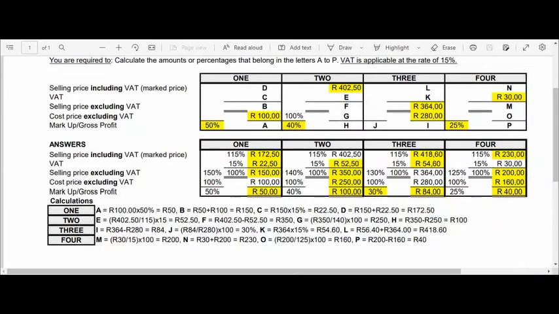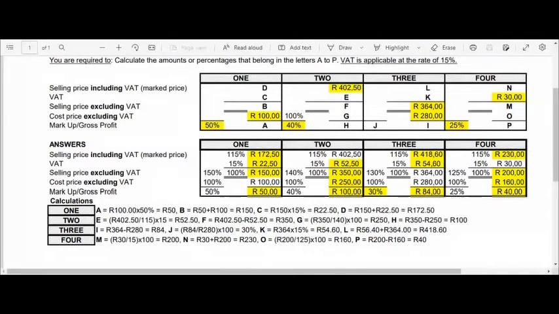Now, in order for us to calculate the value added tax, what factor do we want? Thank you, Sibusiso, you've already preempted us there. What we want in order to get E, which represents the VAT, is the 15.